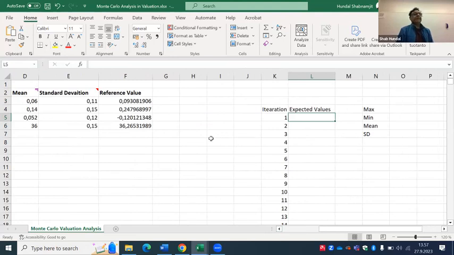The only technical thing you have learned so far is using the formula of normal inverse distribution, right? That's the only complex thing you have done so far. And then you created 1,000 random numbers around a random iteration: 1 iteration, 2 iteration, and 1,000 iterations.